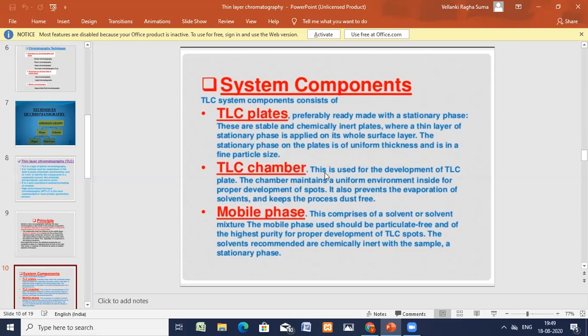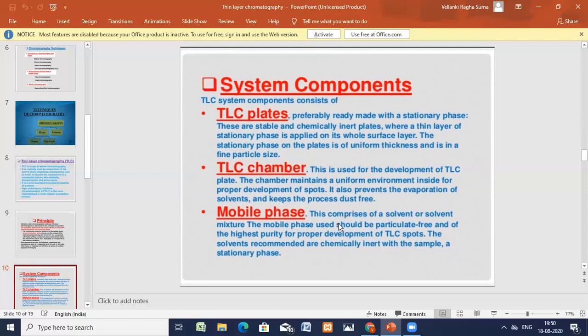The thin layer that you prepare has the supporting medium. Hence the separation may be based on adsorption or partition or ion exchange or gel filtration. Compounds can be detected even at low concentrations. Here the principle depends upon the supporting medium.